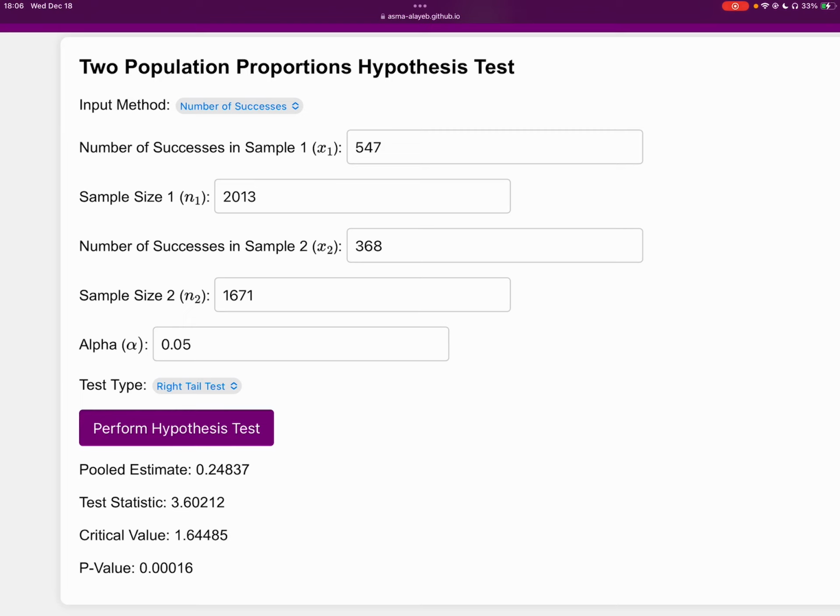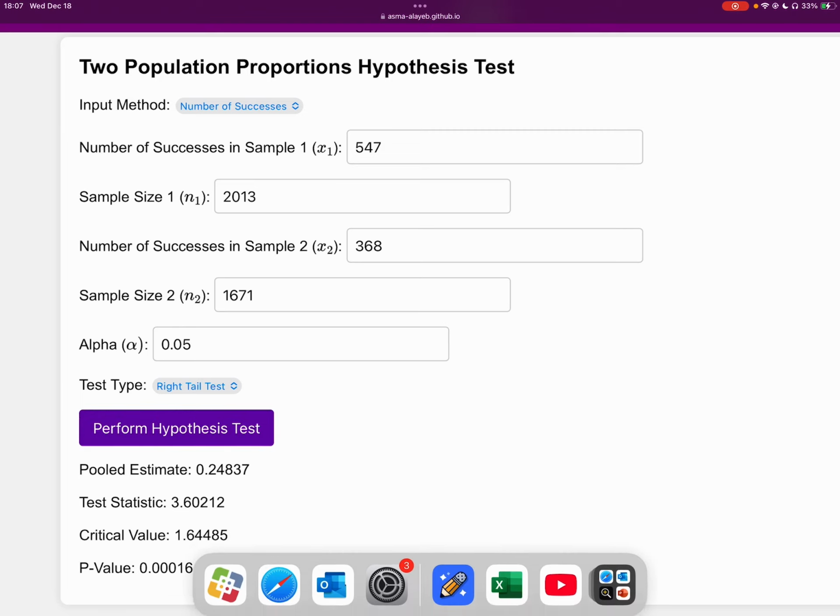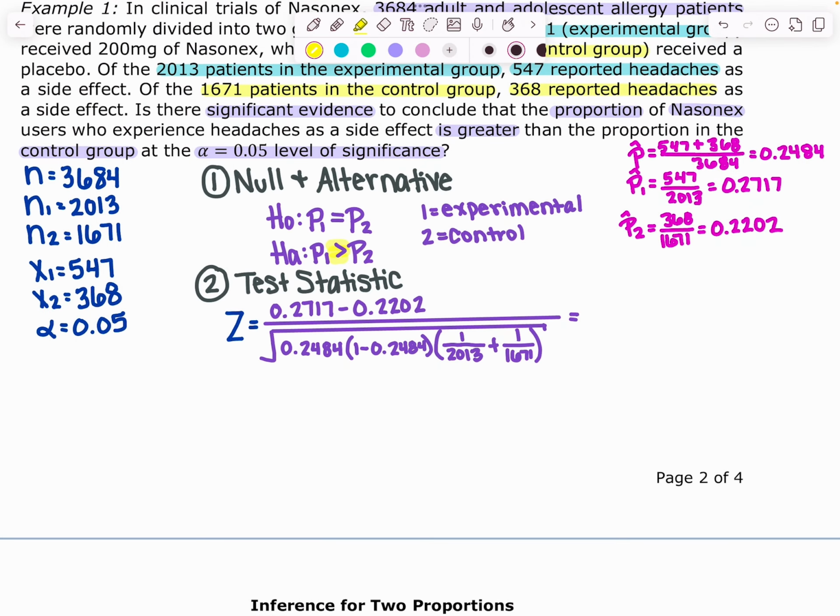The critical value, we are not focusing on the critical value method. Remember, we're only focusing on the p-value method. And then our p-value is 0.00016. And I'll go and explain how we got this in a second. You probably already know, but I'll still write out how we got that.